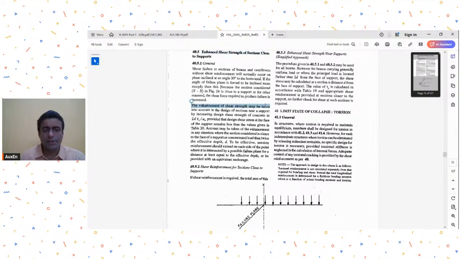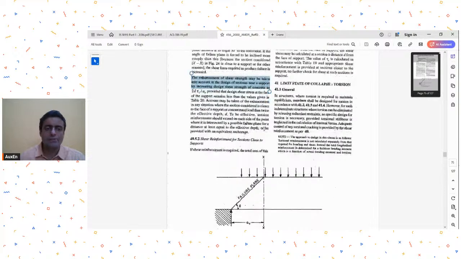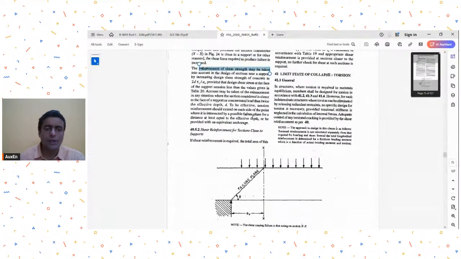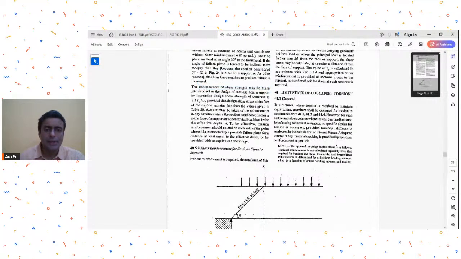The enhancement of shear strength may be taken into account in the design of sections near a support. So let's say this was my face of support, and the section at which I am considering my shear is quite close to the face of support. Then you can enhance it if it is closer than 2D. So if your AB is closer than 2D, then you can enhance the shear strength, and that enhancement factor 2D upon AB, you can multiply it to tau C.